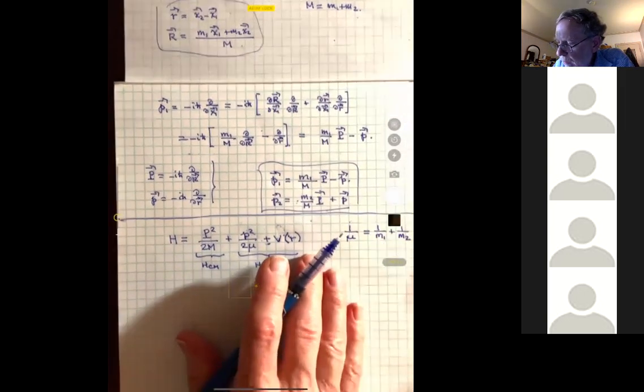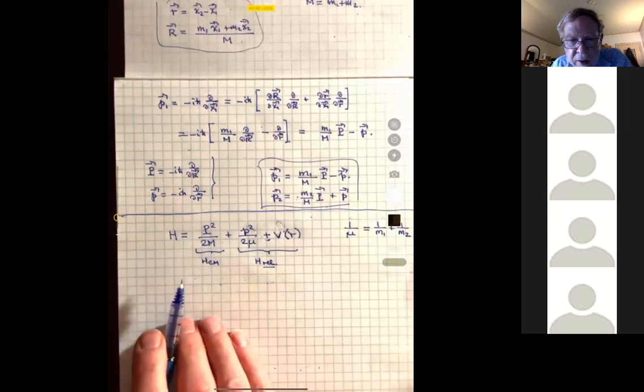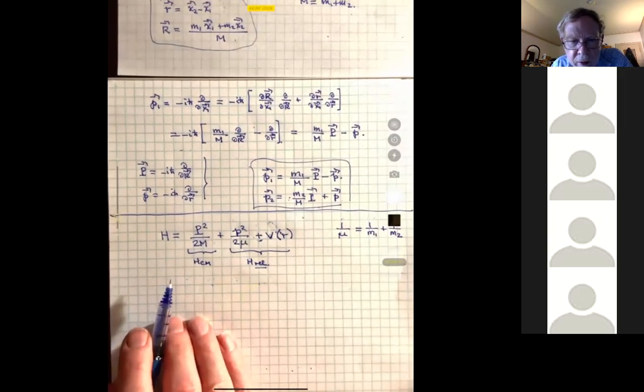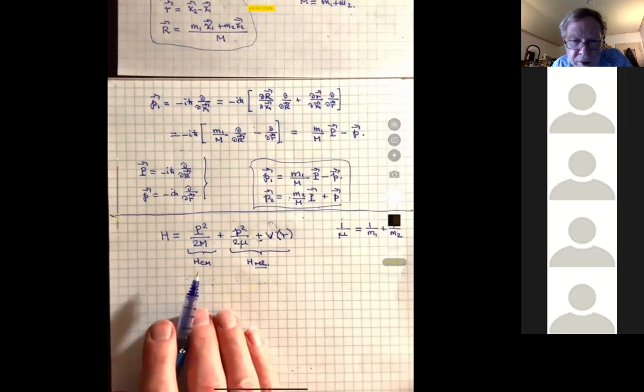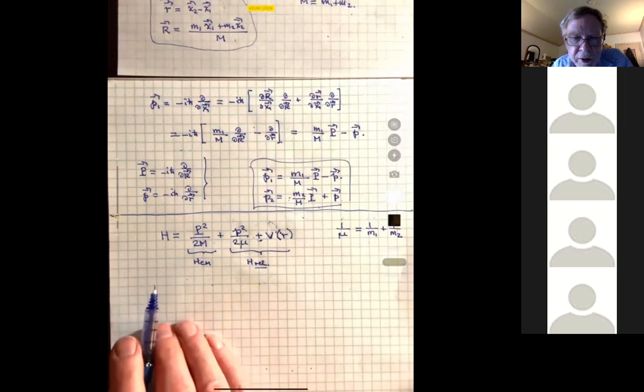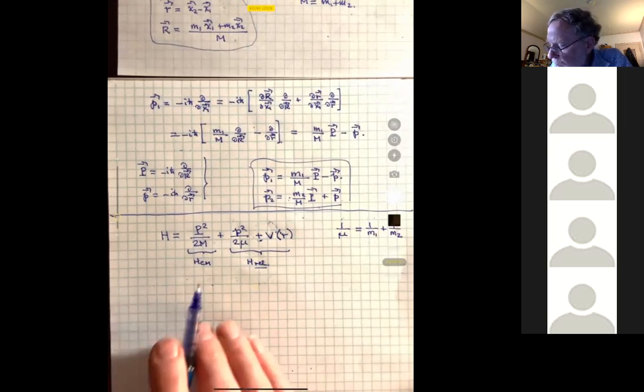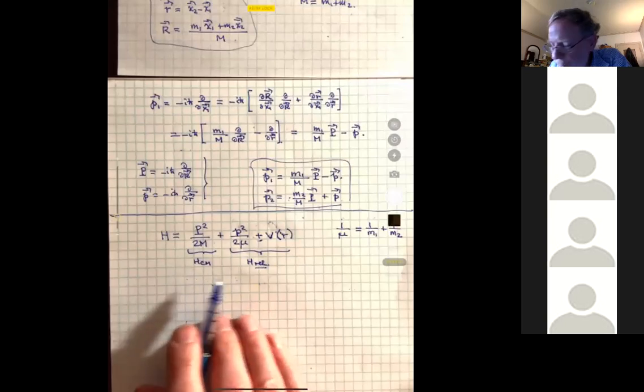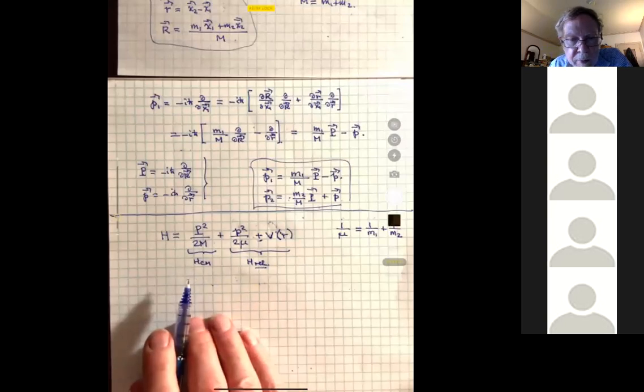Now then, this is great progress because the new Hamiltonian is separable, because of the separation of the first term, which depends only on the center of mass coordinates, and the second one, which depends only on the relative coordinates. These two Hamiltonians, H_REL and H_CM, commute with one another because they depend on different sets of degrees of freedom.